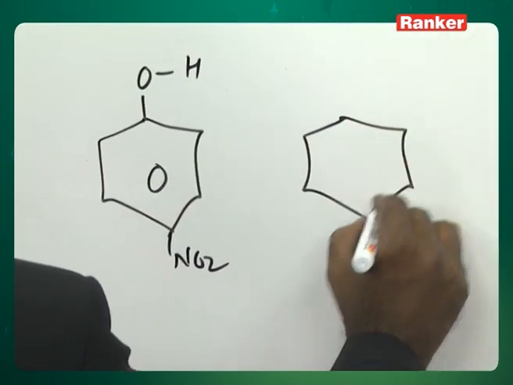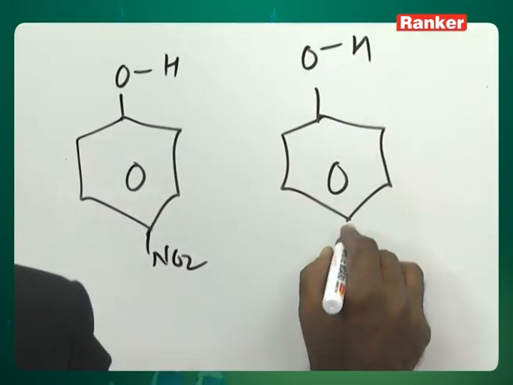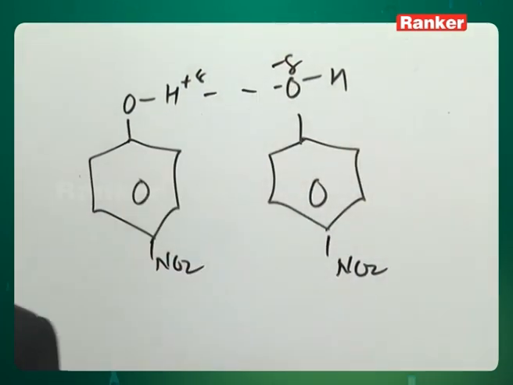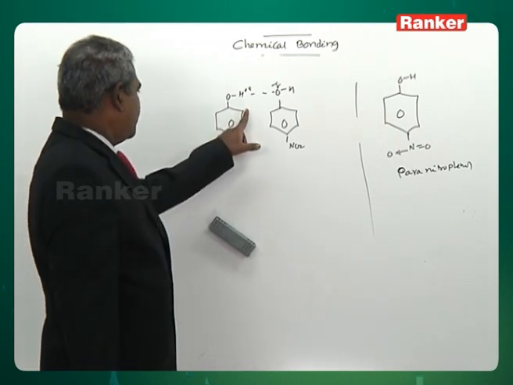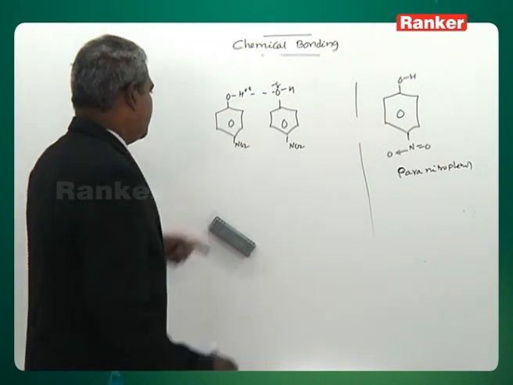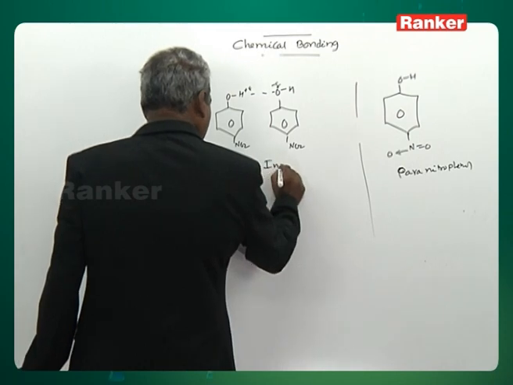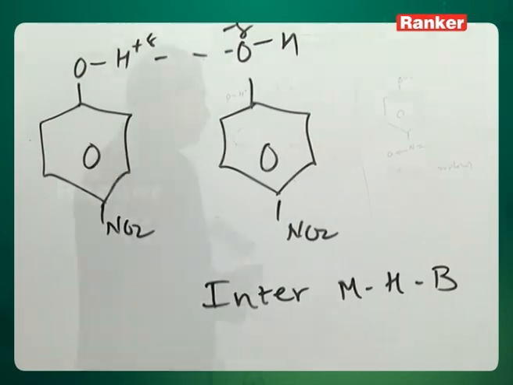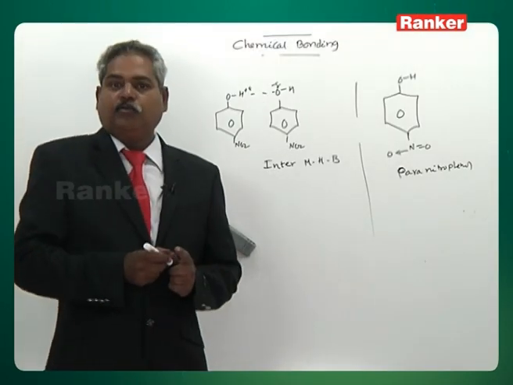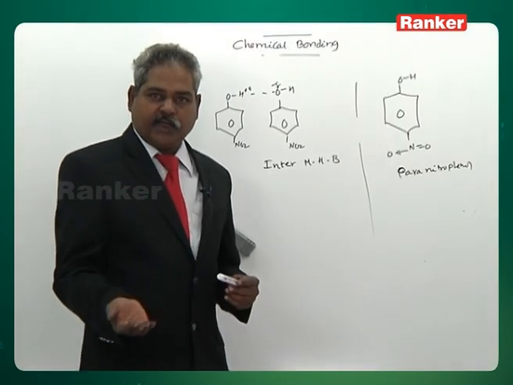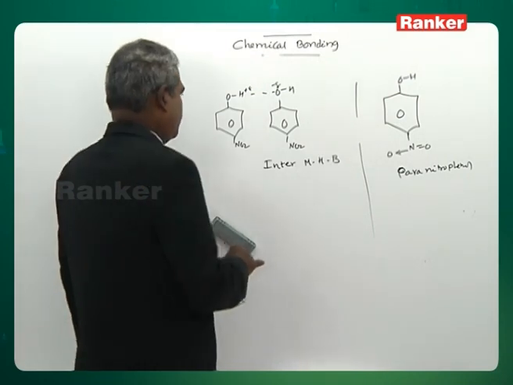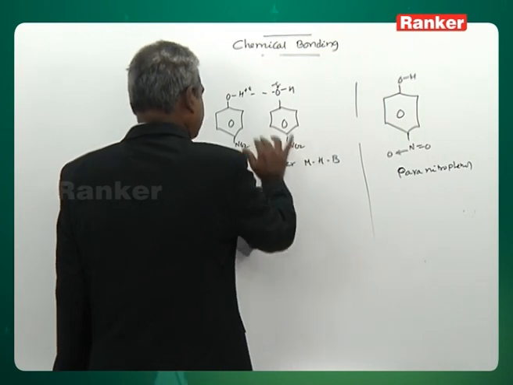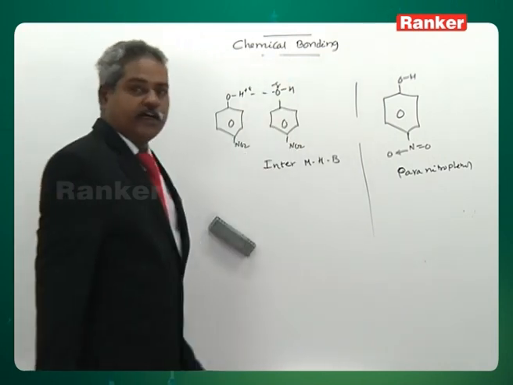You take another molecule of OH. Since this hydrogen is free, plus delta, minus delta, look here. Earlier NO2 was here, therefore it was intra; this is an intermolecular hydrogen bond. Boiling points depend on whatever is there between two molecules, not what is inside that molecule. So intra doesn't affect, only intermolecular hydrogen bonding affects boiling point.